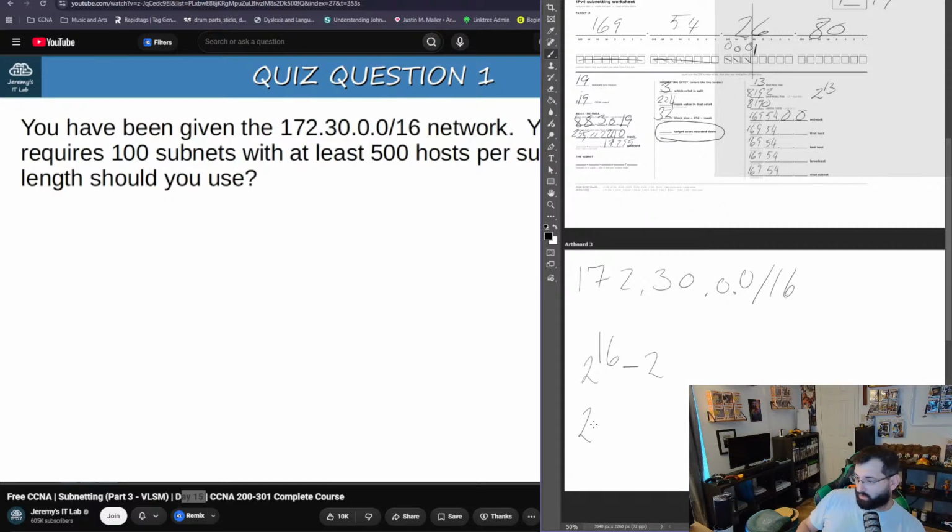So 2 to the 16 equals 65,536. So that's how many addresses we have. And then we have this, which is our usable addresses, if I remember everything correctly.